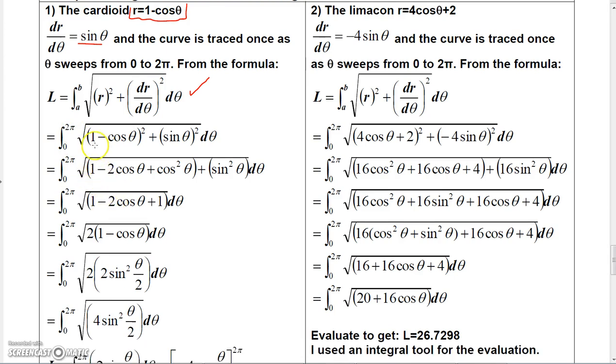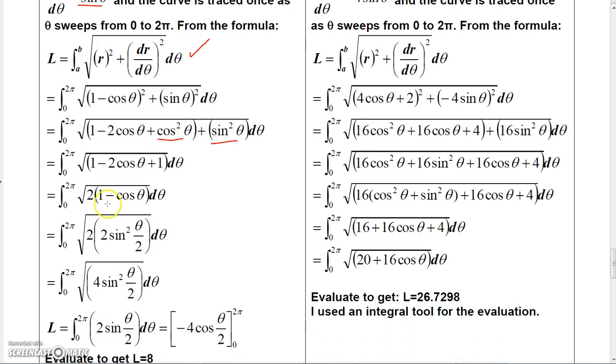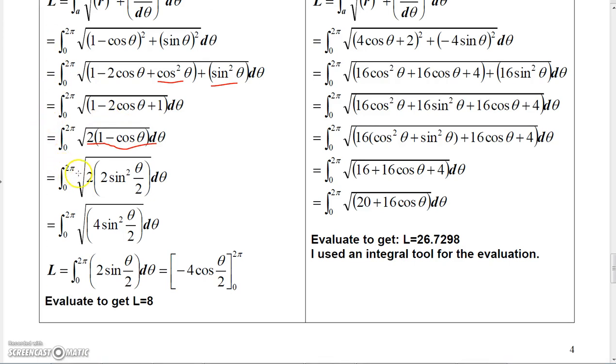If you square that 1 minus cosine theta, you're going to get 1 minus 2 cosine theta plus cosine squared theta plus sine squared theta. Well, cosine squared theta plus sine squared theta is 1, so you're going to get 1 minus 2 cosine theta plus 1. So you're going to get 2 minus 2 cosine theta, and I'll just factor the 2 out and say that's 2 times 1 minus cosine theta.